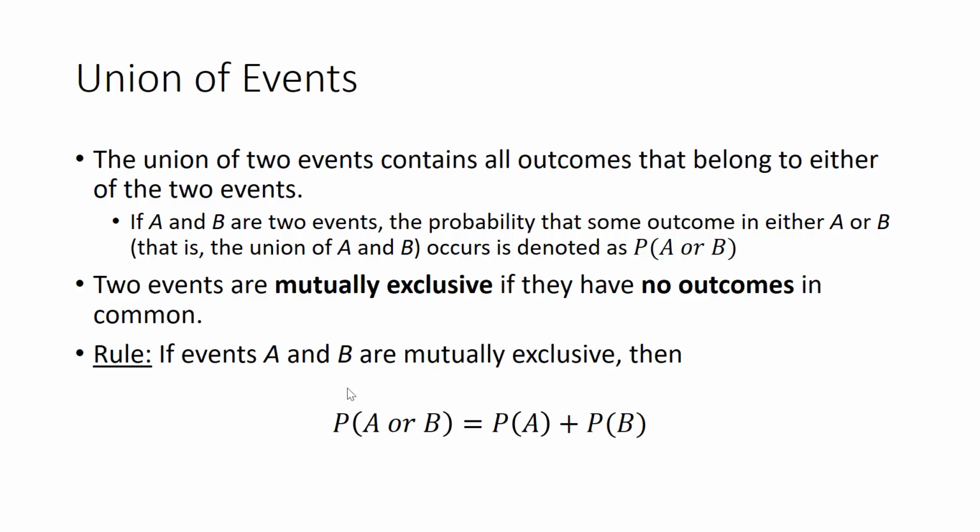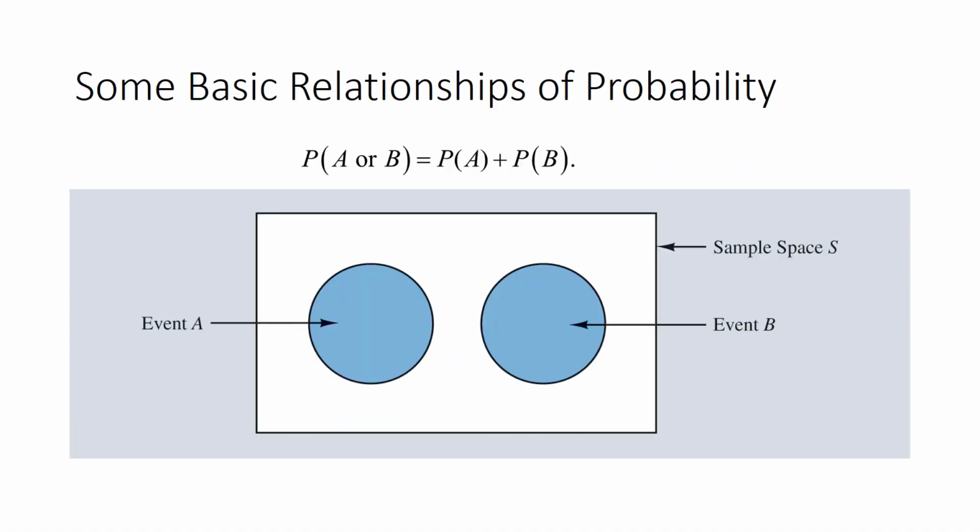Now let's look at the Venn diagram of this union. This is how it's going to look like. We have event A and event B being two circles that have no common ground. The sample space is outside, and the union is basically just the blue space, right? So this is the union of mutually exclusive events.